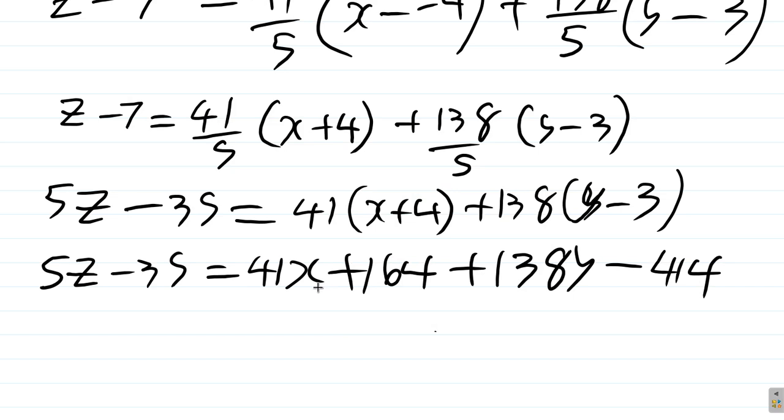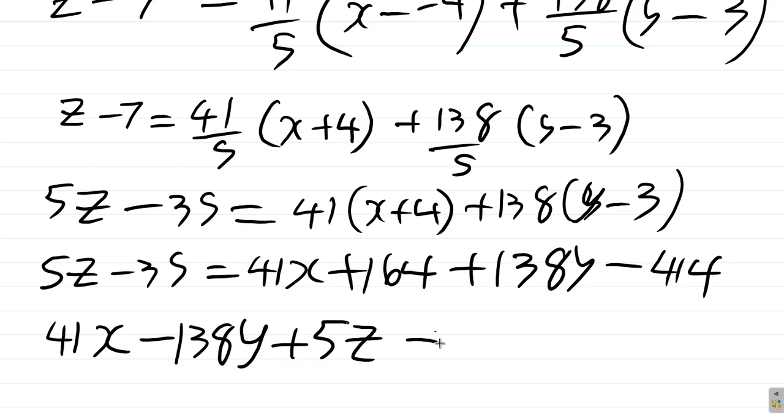Now we could just put all the numbers on one side, in order: 41x first, then y. If we subtract 138y, plus 5z equals, we have 164 on the right, minus 414.